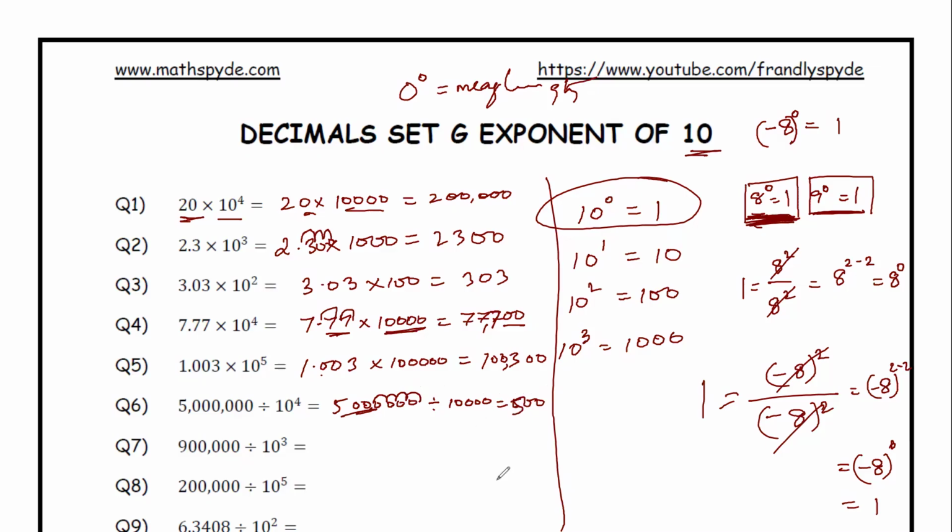Because it's all zeros, you could literally write this down as 5 million, six zeros, divided by 10,000, four zeros. Cancel out these four zeros with these four, and you end up getting 500. That's another way of solving it if it's all zeros.